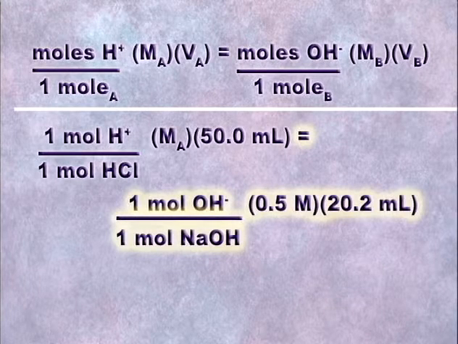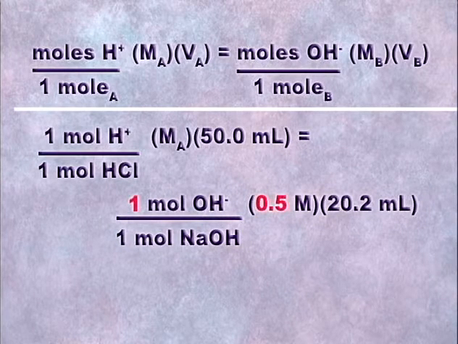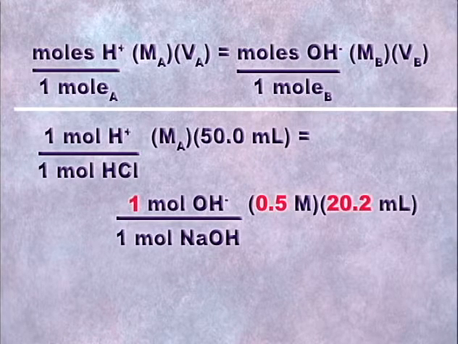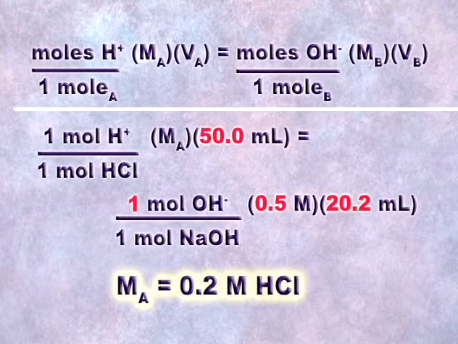The molarity of the base is 0.5 molar. The volume of the base that was used is 20.2 milliliters. We multiply 1 times 0.5 times 20.2 to get 10.1, and then divide by 50.0 to get 0.2 molar hydrochloric acid.